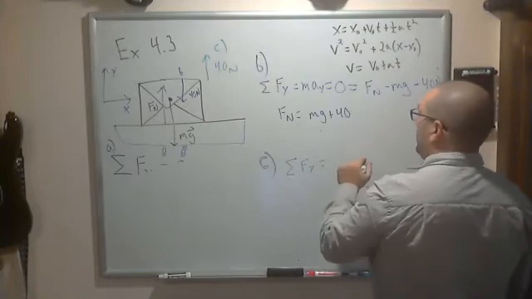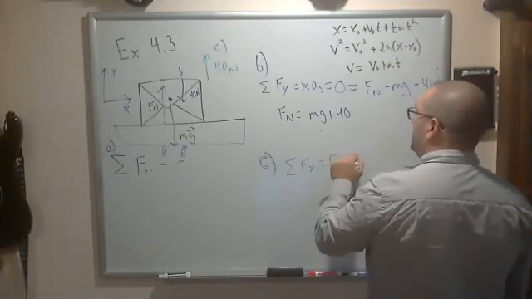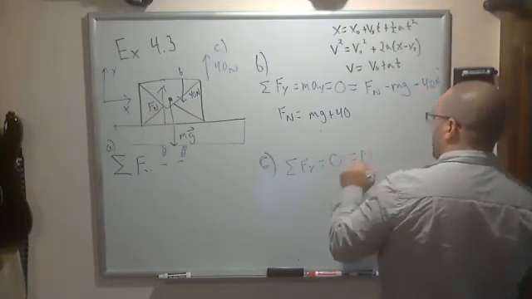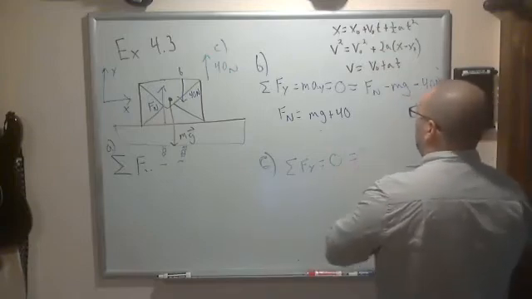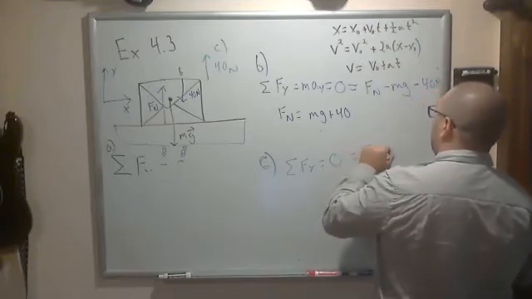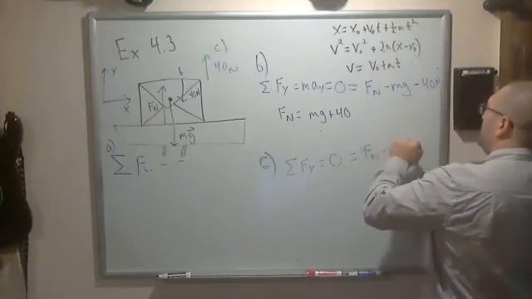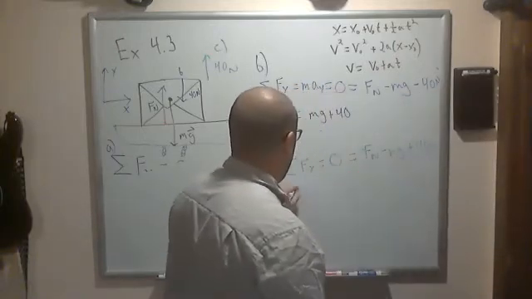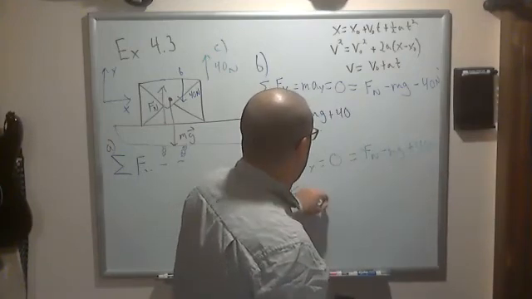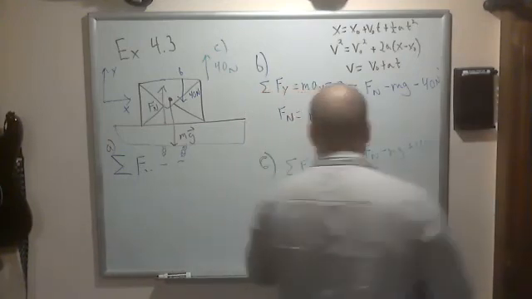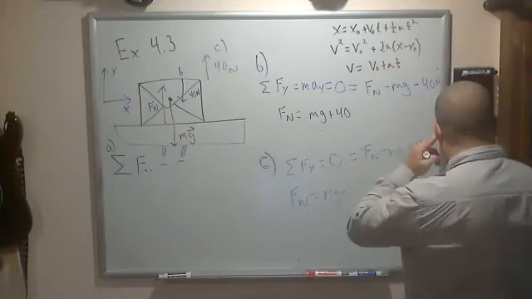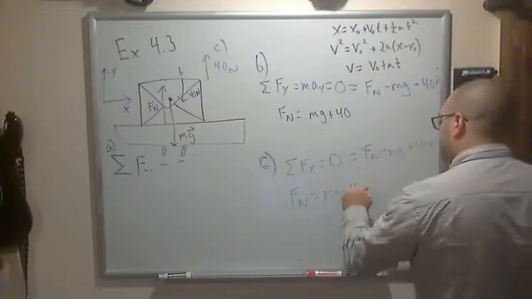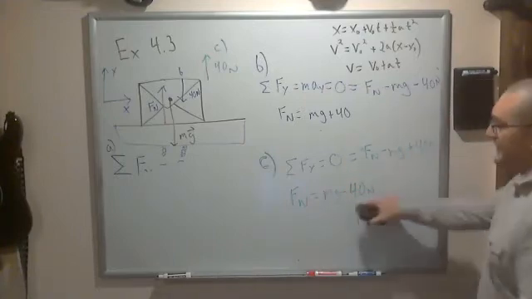So this equation remains. Now the 40 newtons is upwards, plus 40, right? And then when we solve for Fn, we see that this is subtracted from the force due to gravity, right here.